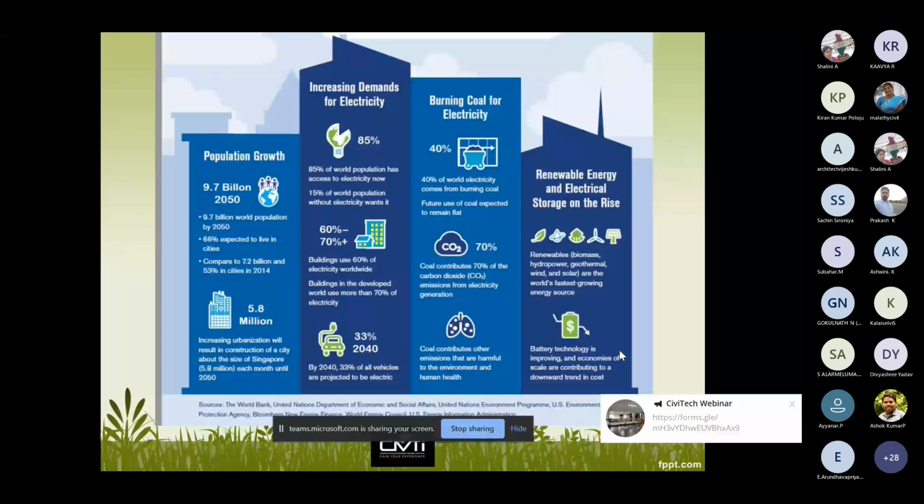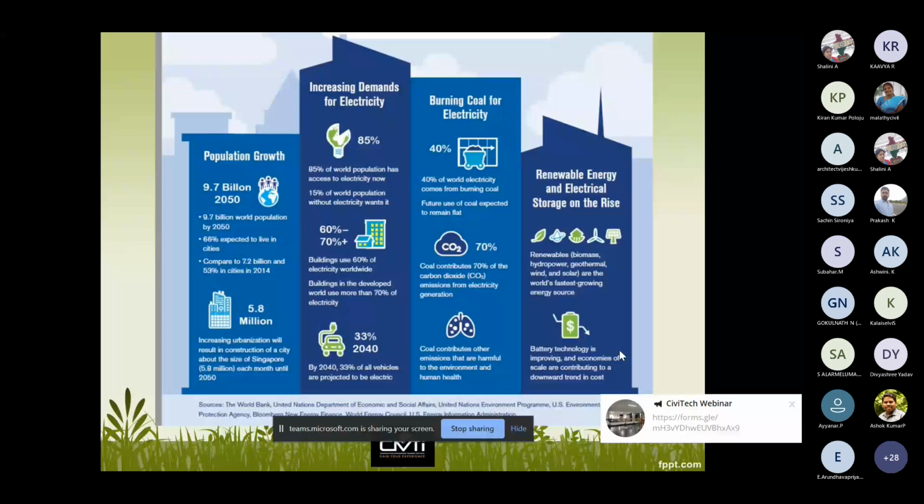And if you take our own country, around 50 to 60% of the electricity is generated through thermal coal power plants only. And again, we are destroying the environment for our own needs. So now the country is giving much importance to renewables, like biomass, hydropower, and wind and solar, which are the world's fastest growing energy resources.